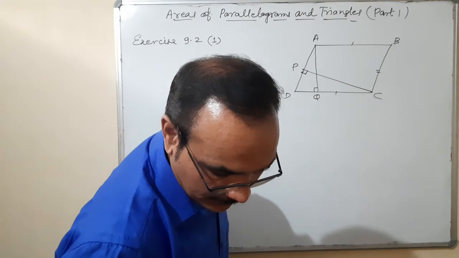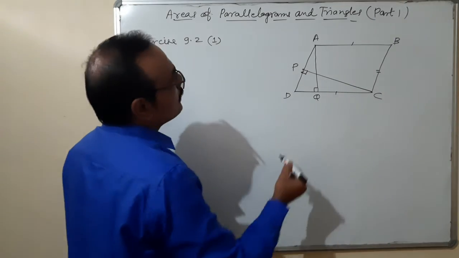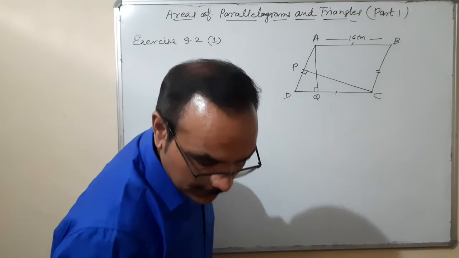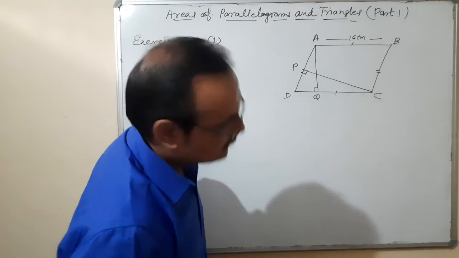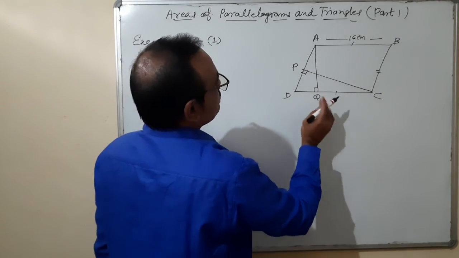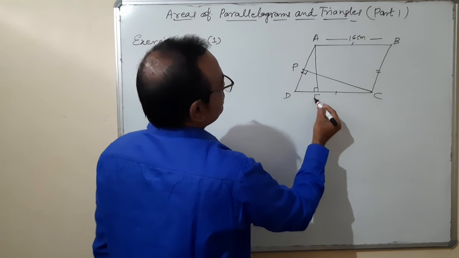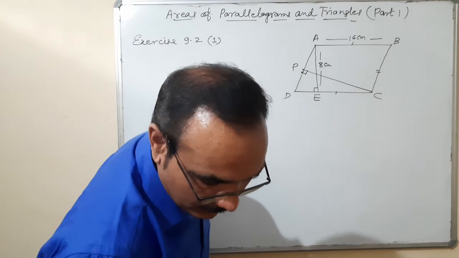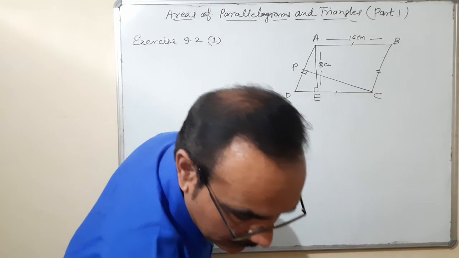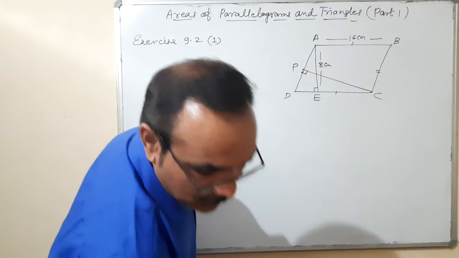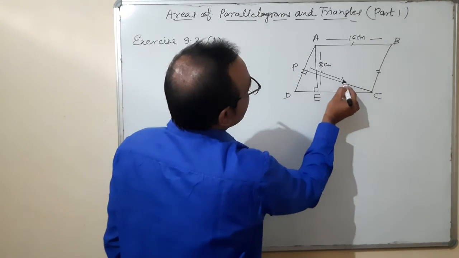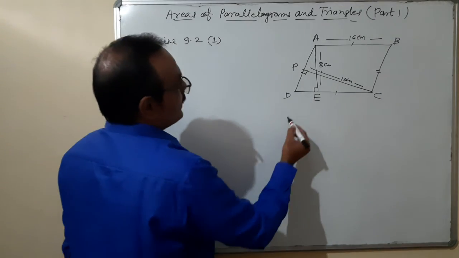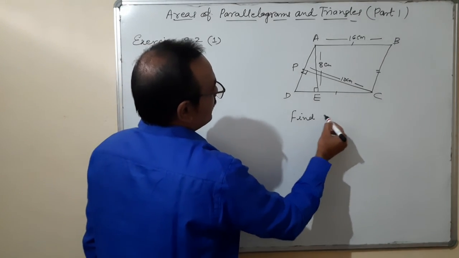Sides are given: AB is equal to 16 centimeter and AE is equal to 8. This is E. CP is equal to 10. And we are going to find AD.